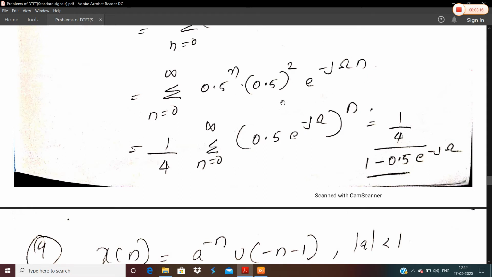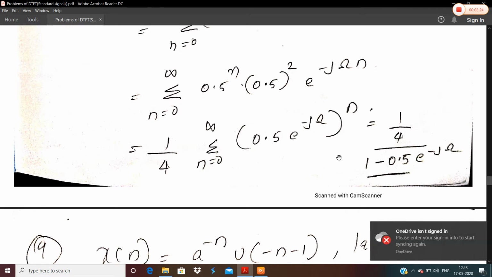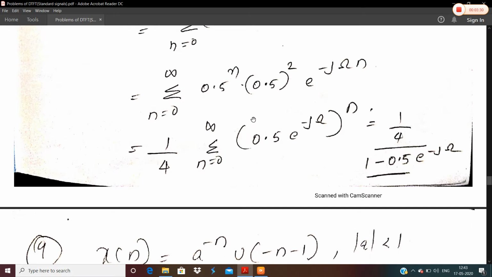We'll take the whole raised to n as common outside, and this portion is nothing but the application of the summation formula. So this is a, and it becomes 1 by 1 minus a, where a is equal to 0.5 into e raised to minus j omega. So 1 by 4 by 1 minus 0.5 e raised to minus j omega.